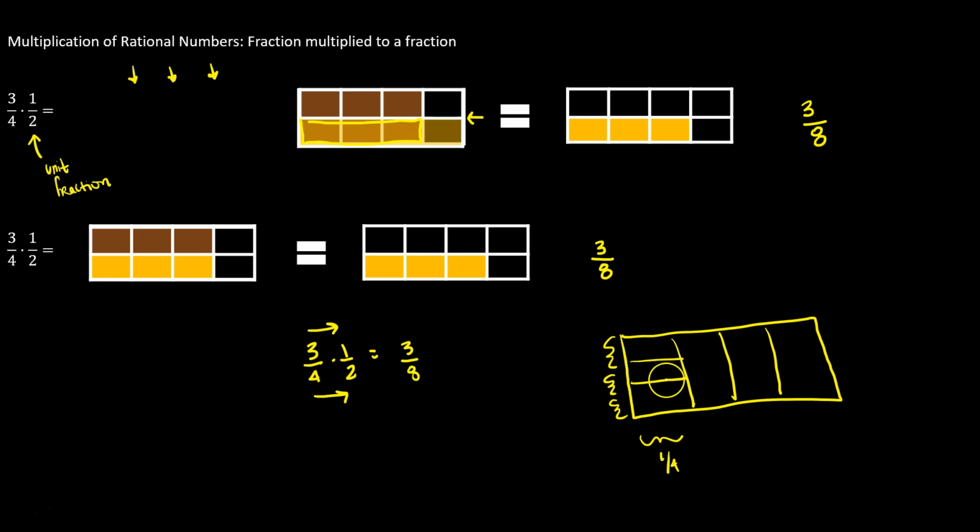What used to be 1 piece now becomes 3. So instead of 1 piece, I have 3. This second piece would become another 3. The third piece would become another 3, and the fourth piece would become another 3. So we're multiplying the 4 pieces we started with by 3 because we're cutting each one into 3 pieces. So we're multiplying the denominators because we're making a crisscross grid with the 2 denominators.